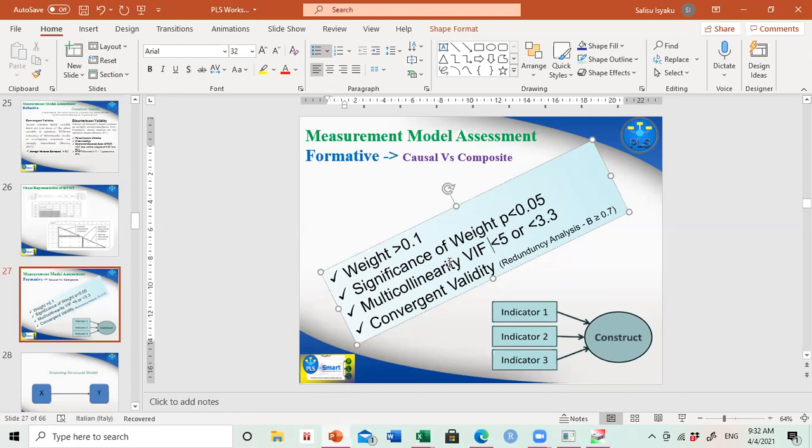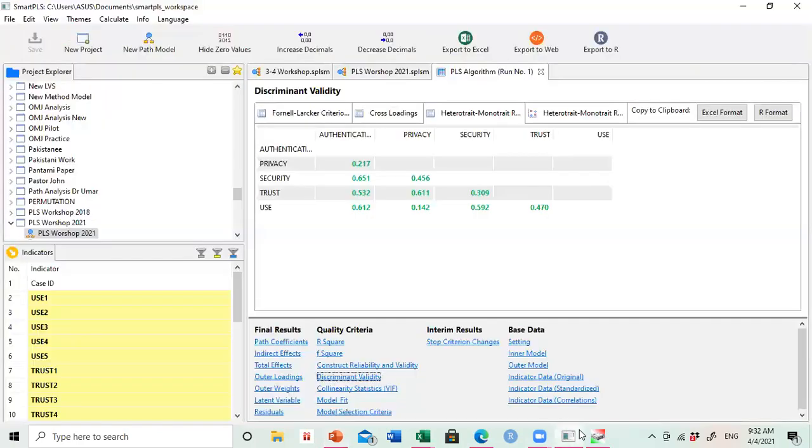If we have that, we now say this formative construct has all the necessary requirements to move further for further analysis. So in this case, we go back to our model and see what we mean by these formative indicators.